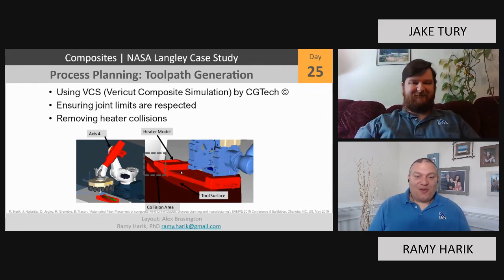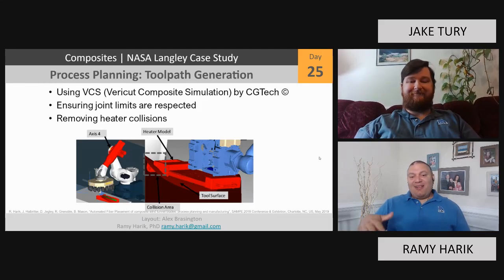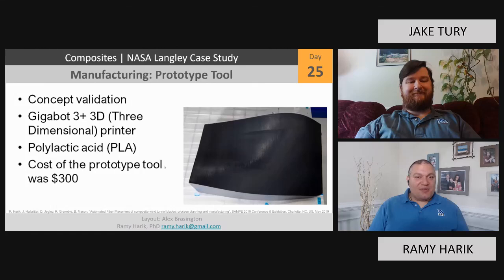The simulation software is saying that we're going to have a collision here, and you better align your orientation in a way, or it's going to be costing us a lot of money. Exactly. Awesome.